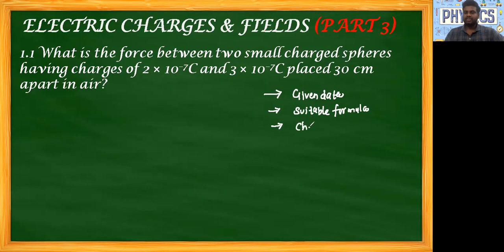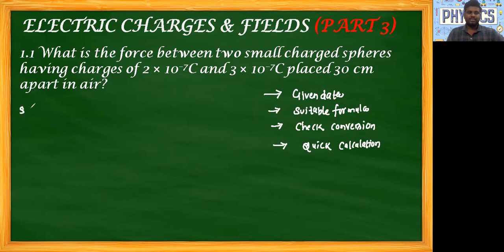Then check if there are any conversions, meter to centimeter, centimeter to meter, and millimeter. Then do the quick calculation. These steps are very, very important in order to do the problems in physics.